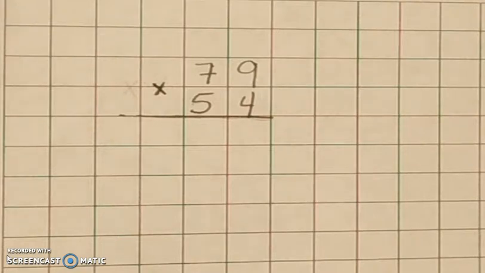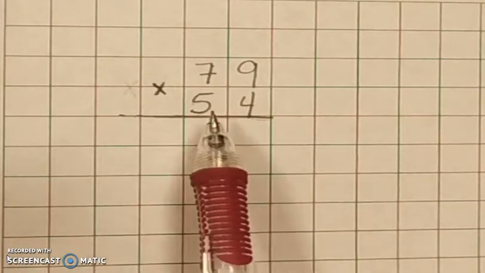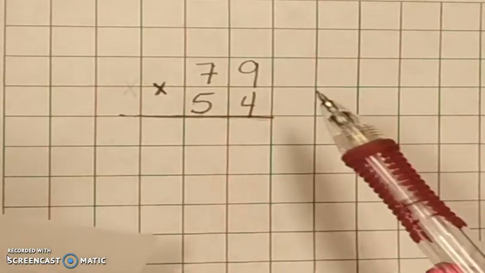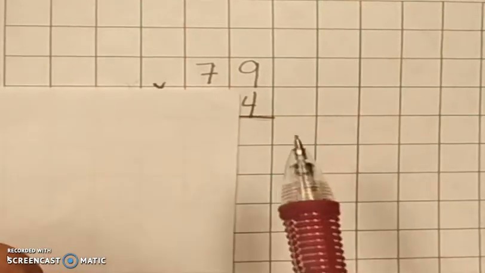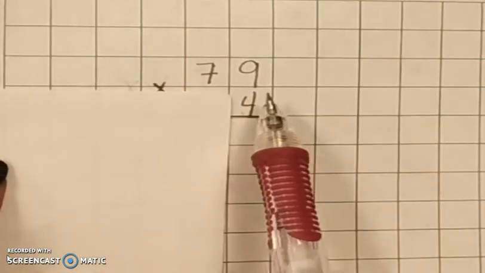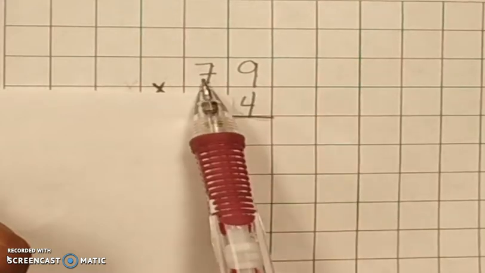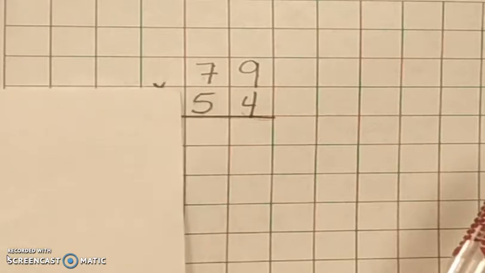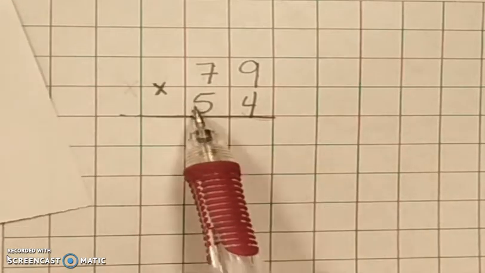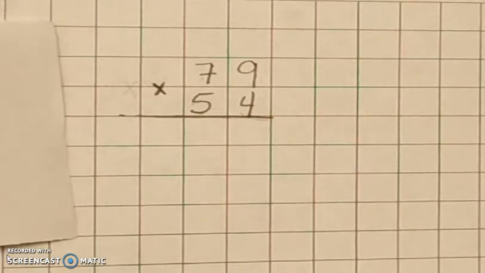So when I start multiplying, I'm going to ignore my tens place from the bottom digits. Just like before, I start off with my ones place times my ones place, my ones place times the tens place. Then I'm going to scoot over my paper and now pay attention to the tens place digit, which in this problem is the 5.